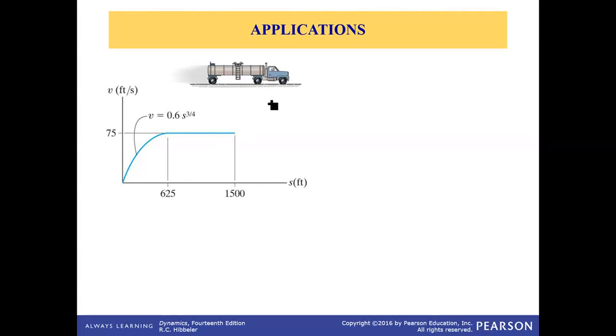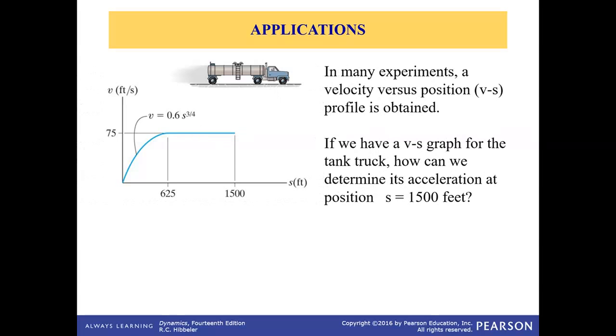Look at this example where a truck is traveling in rectilinear motion, and the velocity versus position of the truck is given. This is easy to generate because a GPS records both the speed as well as the position. Using GPS, we can acquire this data and plot it graphically.